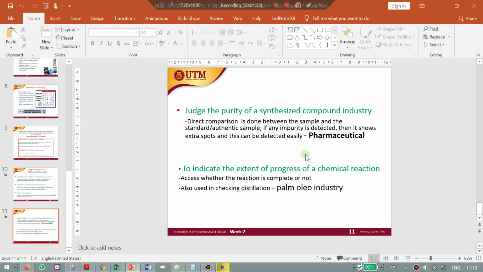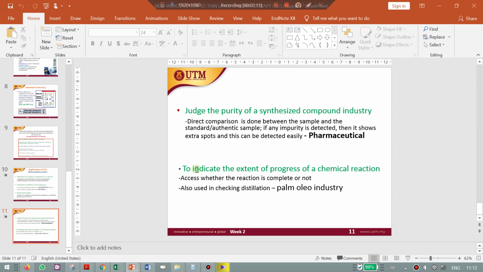Dia nak tengok ada tak perbezaan. Or they want to see whether any changes can be observed after some interval of time, maybe after 1 year, what happened to the paracetamol. So they compare the genuine new one and the genuine one after 1 year. They want to compare the purity of the substances. Okay, that's the next one.